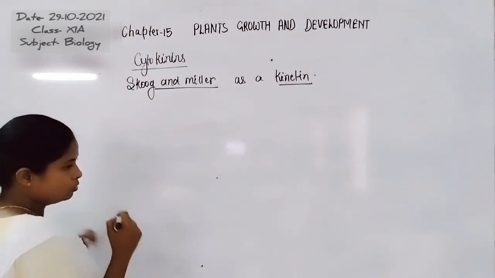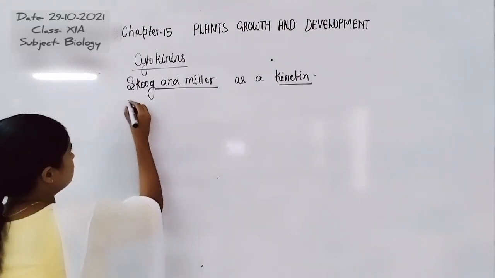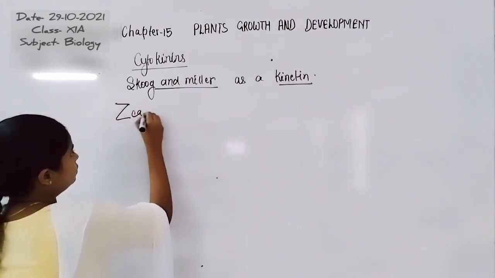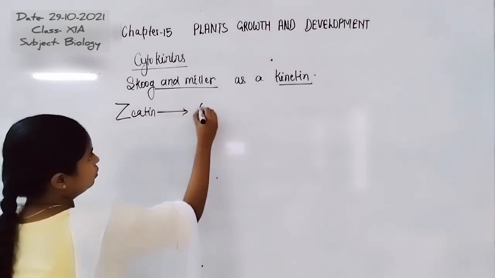Cytokinin was also discovered as a GRT in corn kernel.